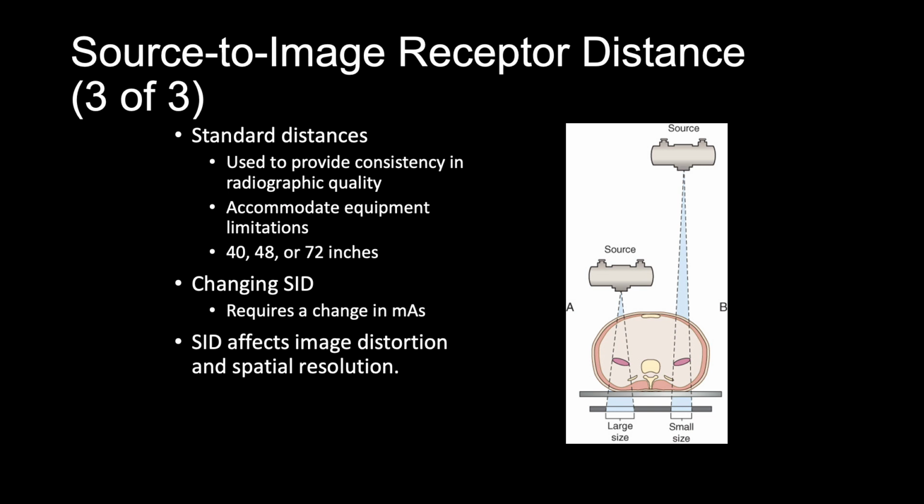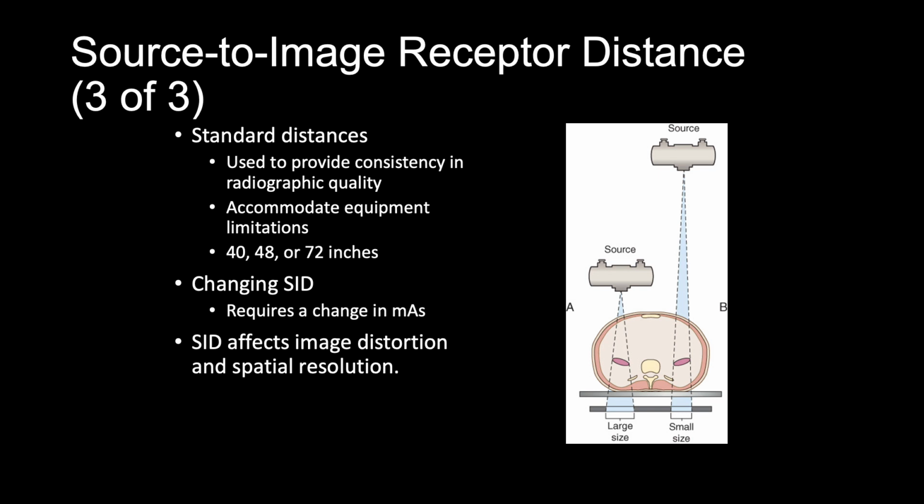Certain circumstances, such as trauma or mobile radiography, do not allow for standard distances to be used because sometimes the rooms are very small. In these circumstances, the radiographer must determine the change needed in the mAs to obtain a quality radiograph.